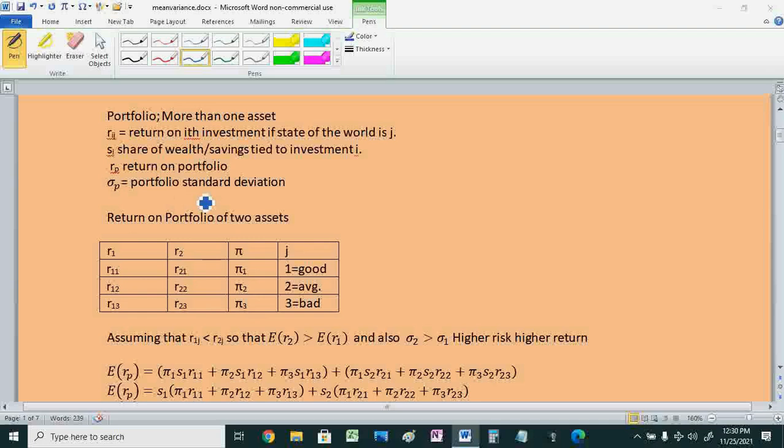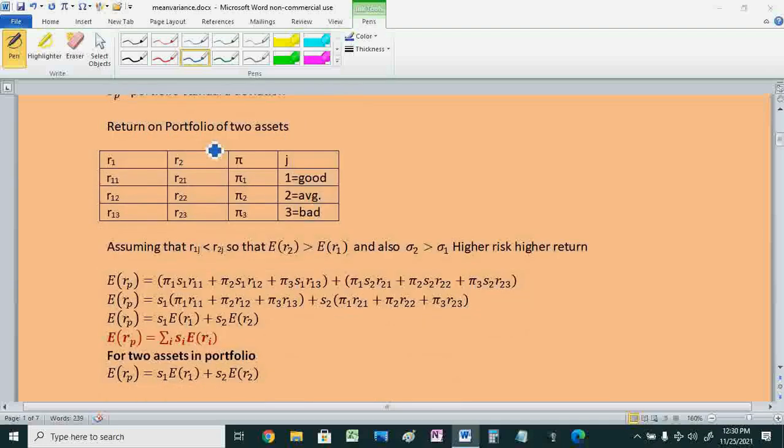In the two asset case, I have drawn this table where the first column is giving the return on asset 1 when the states of nature are good, average or bad, and similarly the returns on asset 2 when the states of nature are good, average and bad.